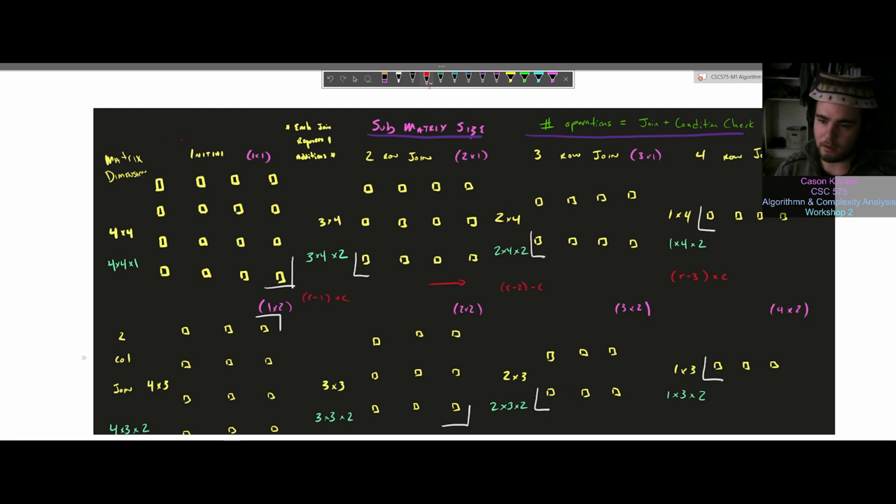And if I say that this initial matrix is one row join, and this one being r by c, there is a relationship between the number of rows joined and the dimension of the derivative matrix. So in this case, with 3 rows joined, r minus 3 plus 1 is equal to r minus 2, and it goes so forth. Continuing on here, it would be r minus 4 plus 1.